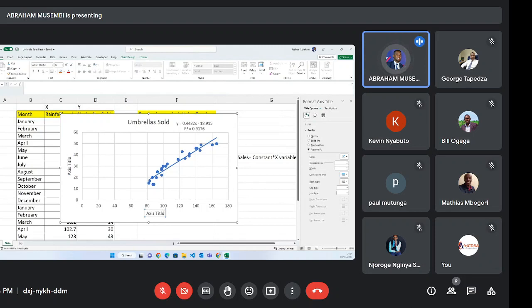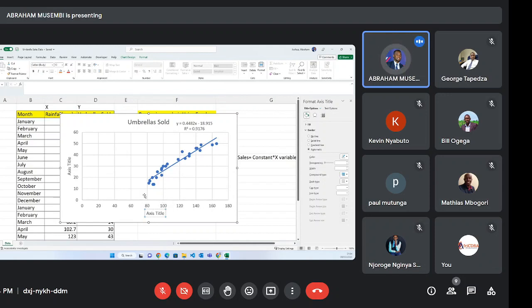Then under the axis, you can rename. This area will be our rainfall, because we don't have any value of umbrella sales above, let's say, 100.